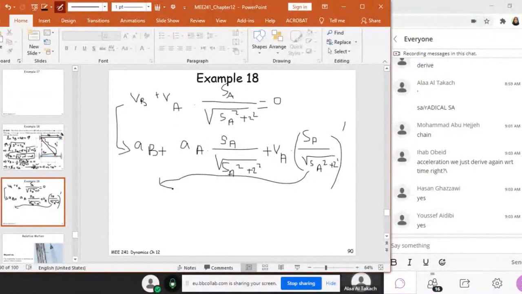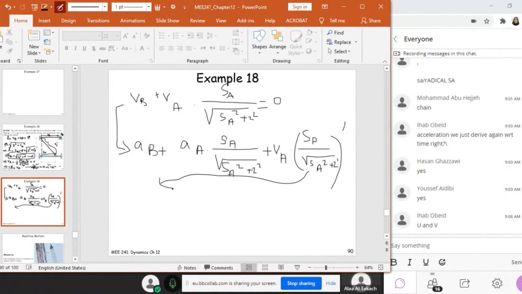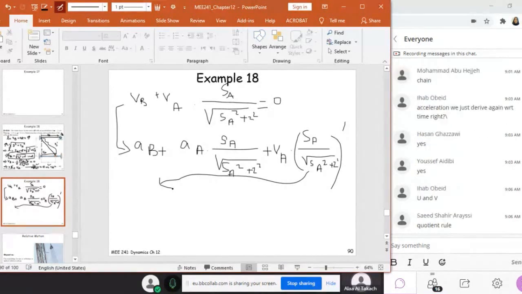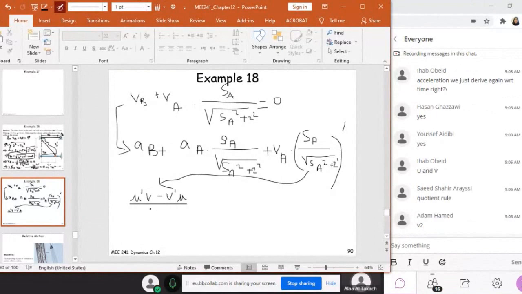Who can tell, guys? What is the derivative of a ratio? Yes, so it is U prime V minus V prime U over V squared, yes.